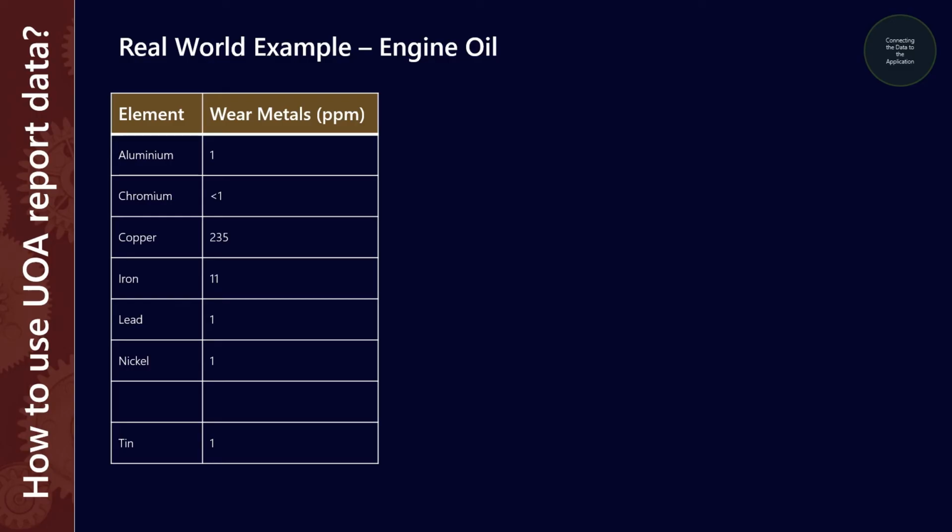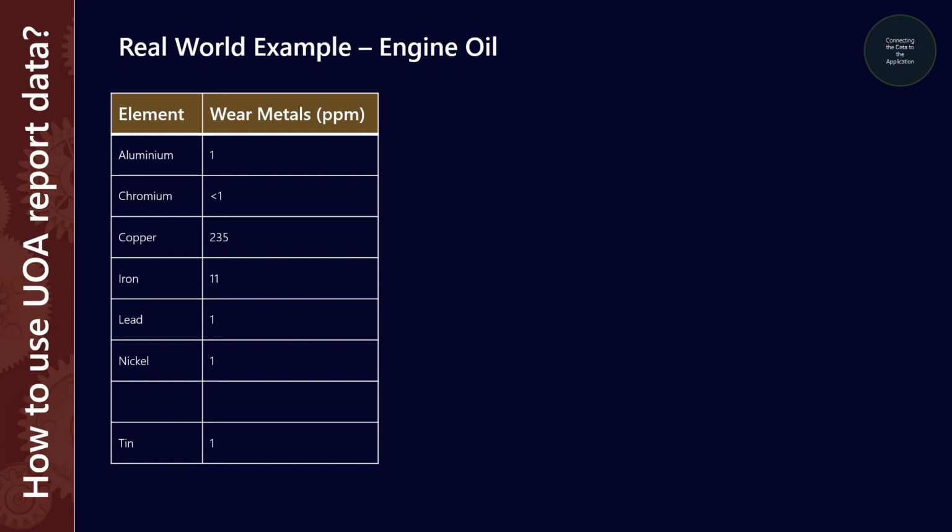If I have an engine oil, if I were to have just a single used oil analysis result, and I saw really high copper, what does that actually mean, right? Copper can come from a few sources in an engine. Potentially it could be the bearings, right?